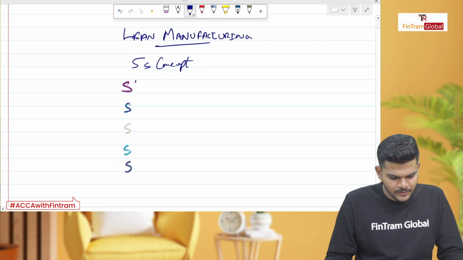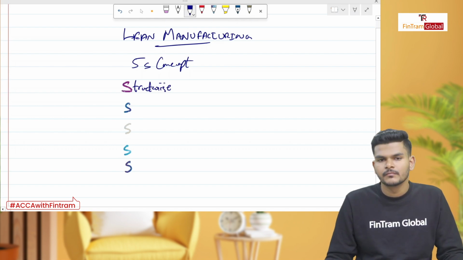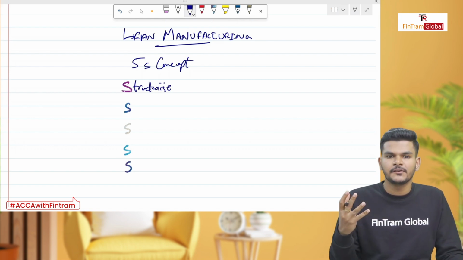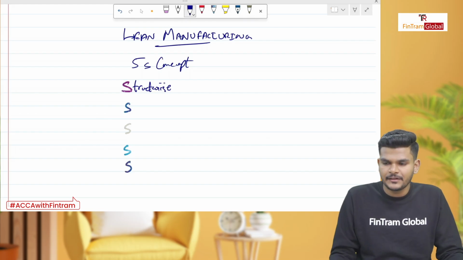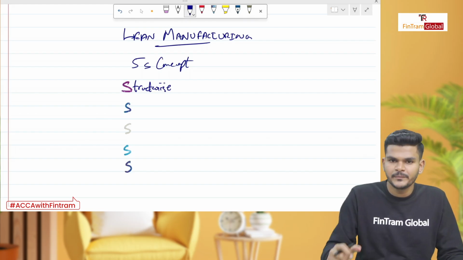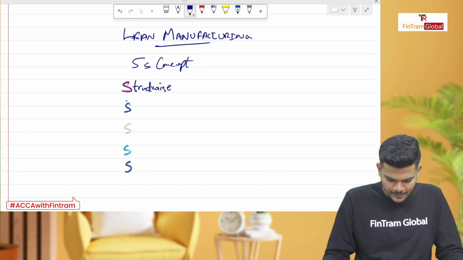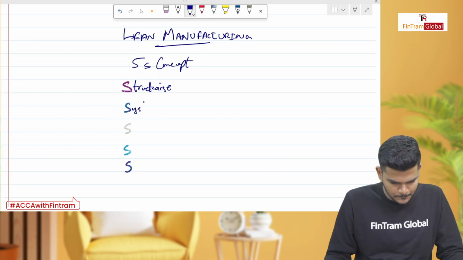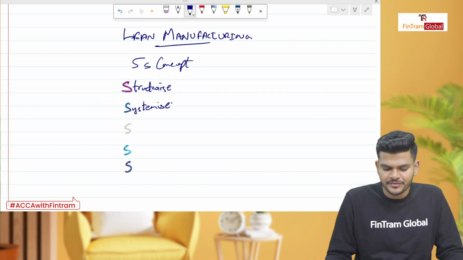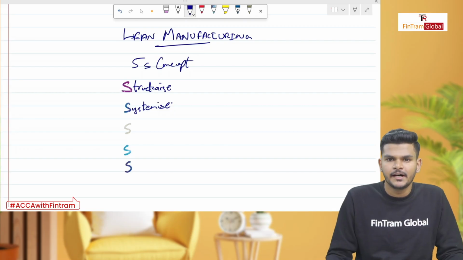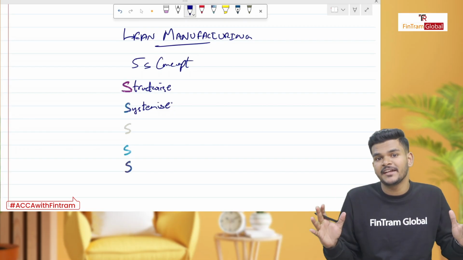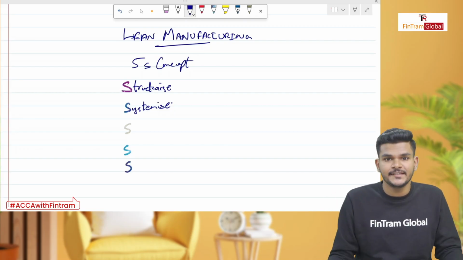First of all, we can structurize our office layout or something like that so that there's smooth movement of information, of people, etc. And we can systemize certain processes so that everything is done in a very systematic manner without any inefficiencies.